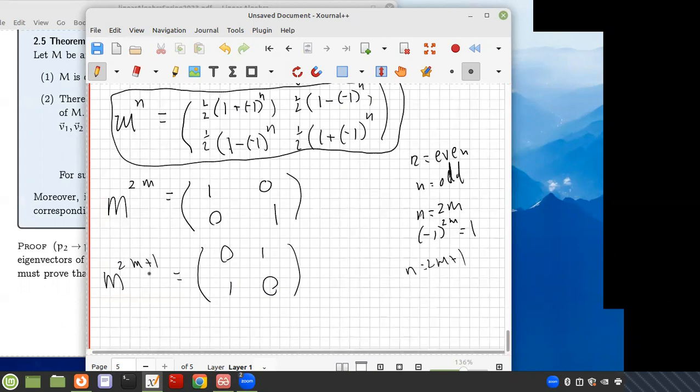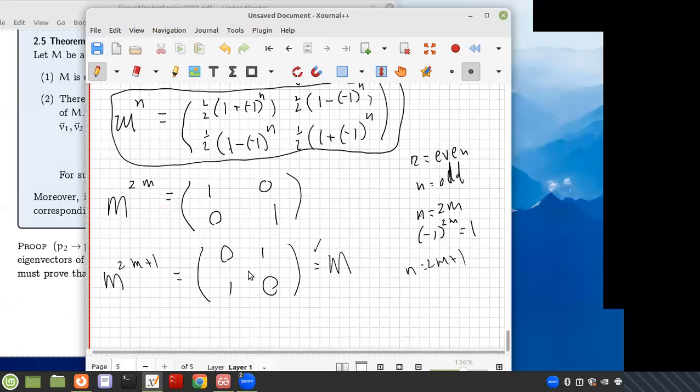And this actually makes sense because this is my original matrix M, right? And if I choose M equals 0, then I get the result I want, because I want to see that it's the same.